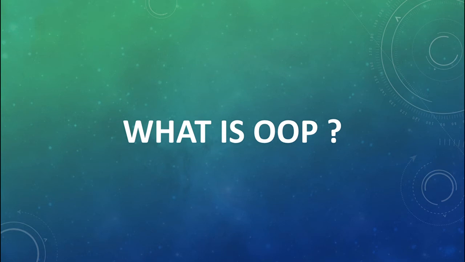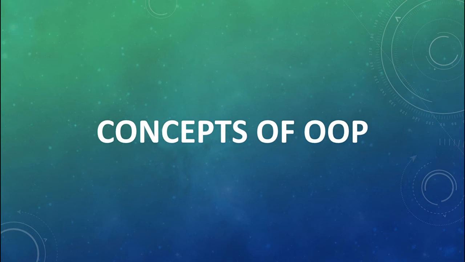It not only makes the program less complex, but makes the software reusable and flexible. Java is not a truly object-oriented programming language. The concepts of OOPS are object, class, encapsulation, inheritance, polymorphism, and abstraction.